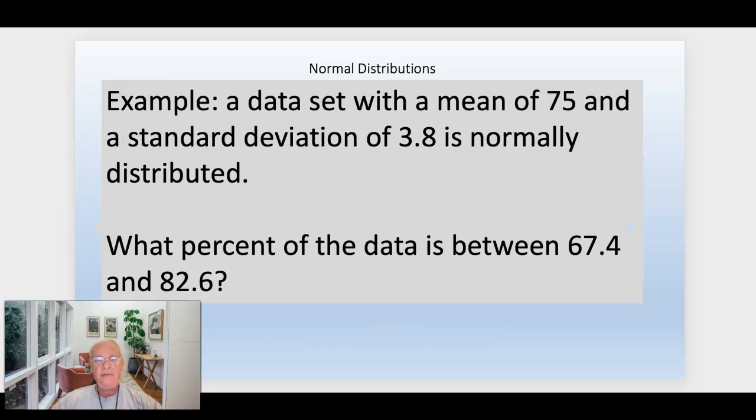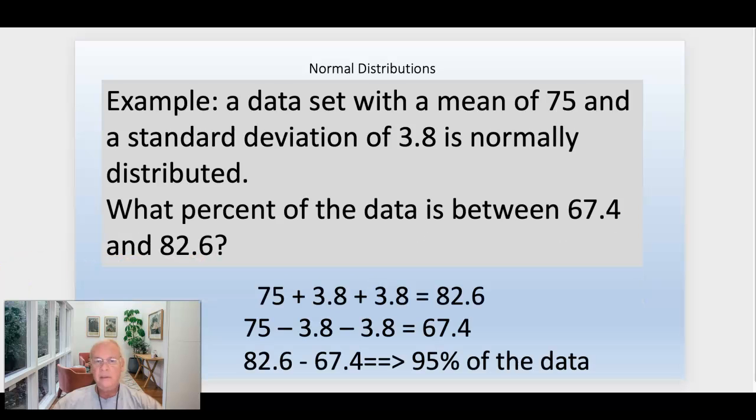Another example. A data set with a mean of 75 again and a standard deviation of 3.8, and again, it is normally distributed. What percent of data is between 67.4 and 82.6? If you calculate the standard deviations, again, 75, I add 3.8 to it twice, and I get to 82.6.